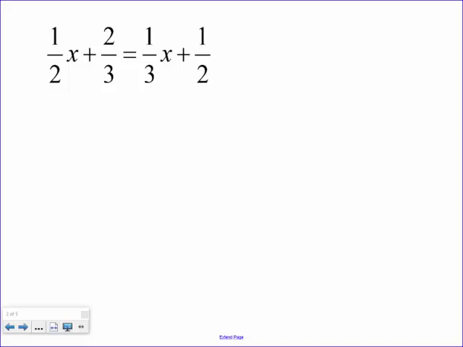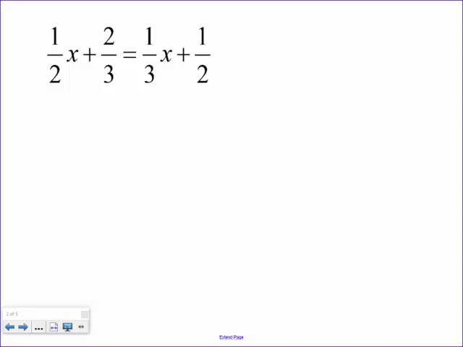There's 2 X's. There's an equal sign. There's no negatives. Both sides show addition. It's a multi-step problem. Is there distribution? No, because I don't have any parentheses, but that's good. It is a multi-step equation.